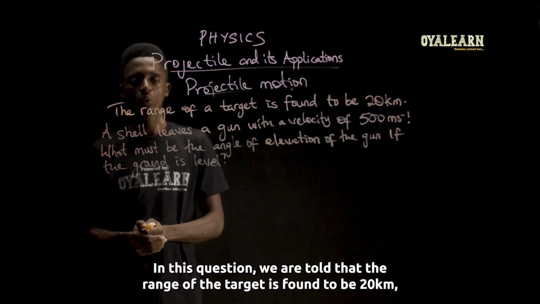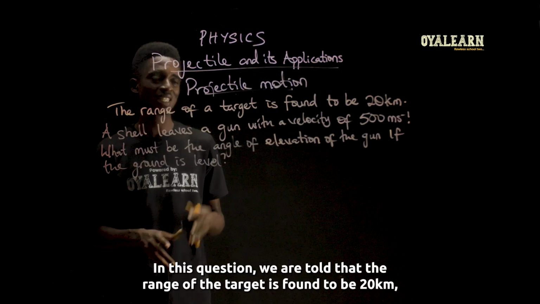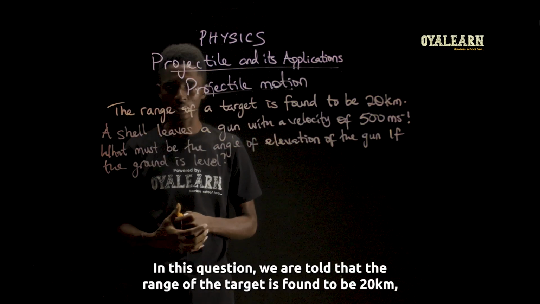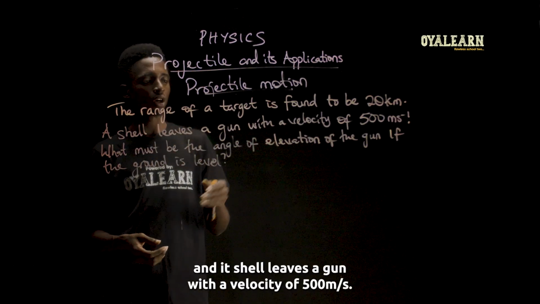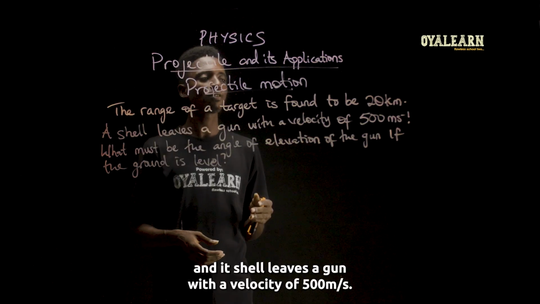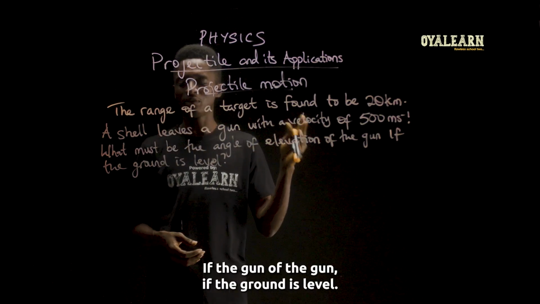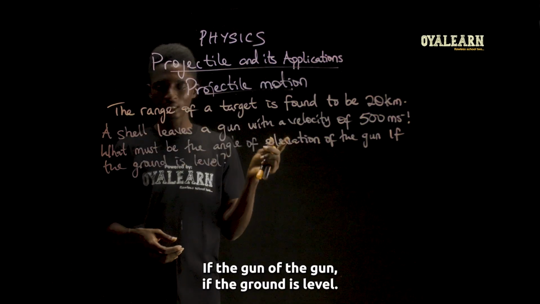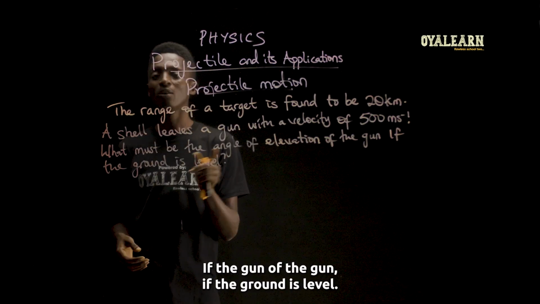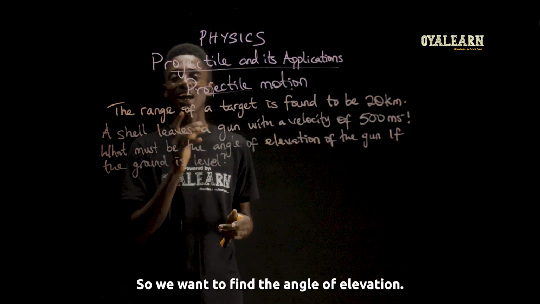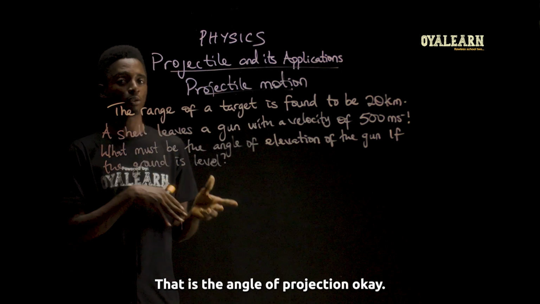In this question, we are told that the range of a target is found to be 20 kilometers, and a shell leaves a gun with a velocity of 500 meters per second. Now, what must be the angle of elevation if the ground is level? So we want to find the angle of elevation, that is the angle of projection.